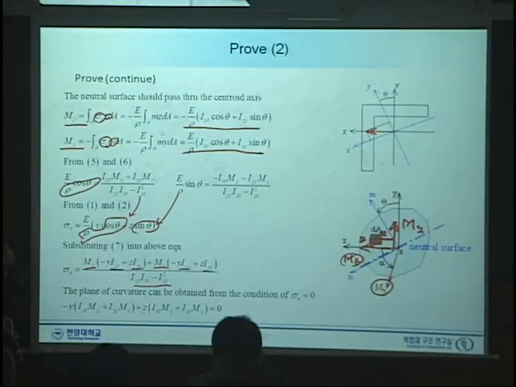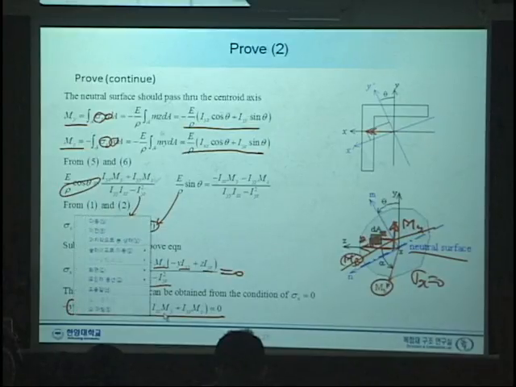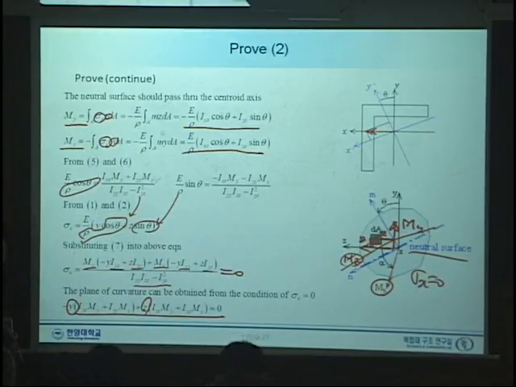And how to calculate this neutral axis? Neutral axis here is simply defined as sigma x equals 0. So sigma x equals 0 gives us these equations. And as you can see here, this is a linear equation in y and z. A little complicated, huh?